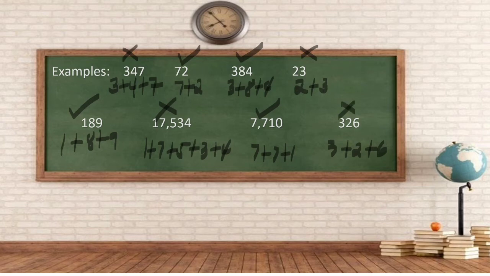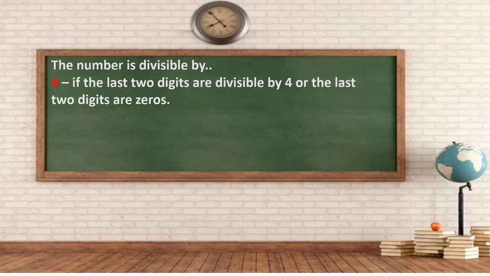Okay, next rules. The number is divisible by 4 if the last two digits are divisible by 4 or the last two digits are zeros. Okay, like for example, 464.